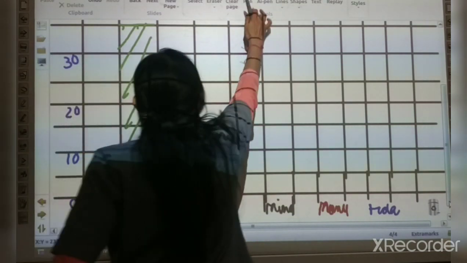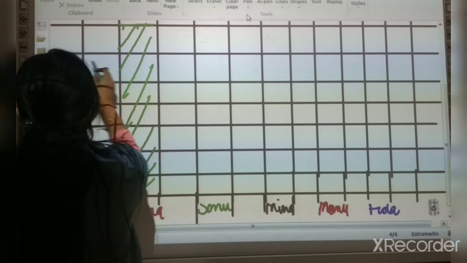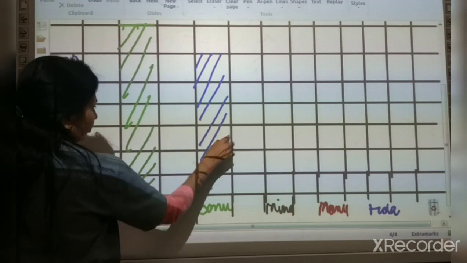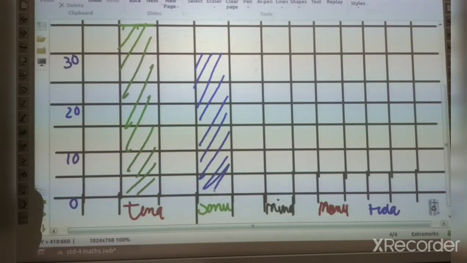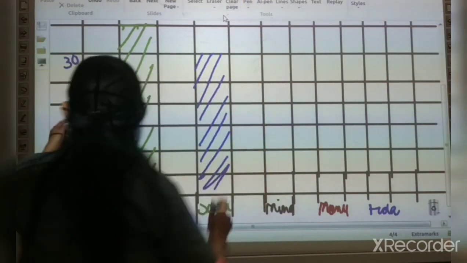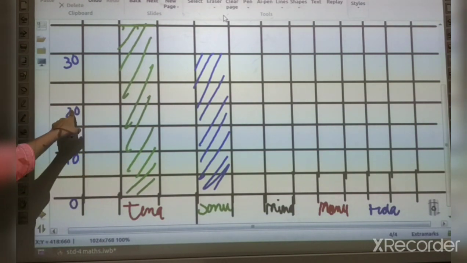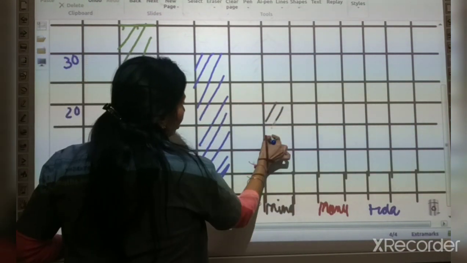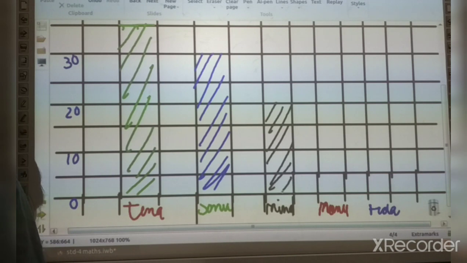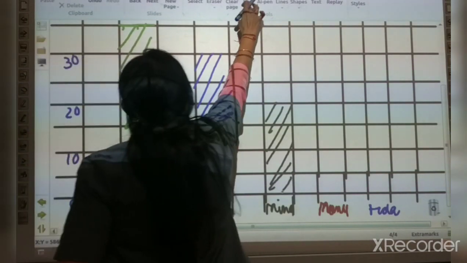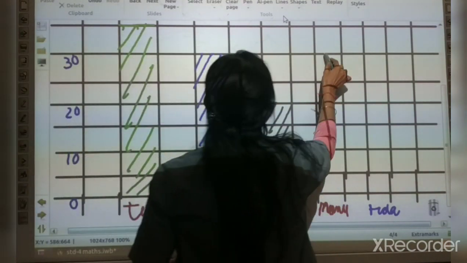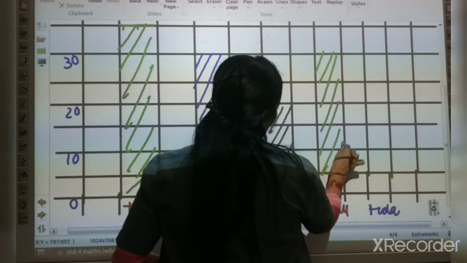Sonu got 30 marks. You have to look at 30 carefully and start from there. And Meena got 20 marks. So look at your graph. Here, 20, so you take it like this, from 0 to 20. Then Monu got 30 marks, so you draw it like this.